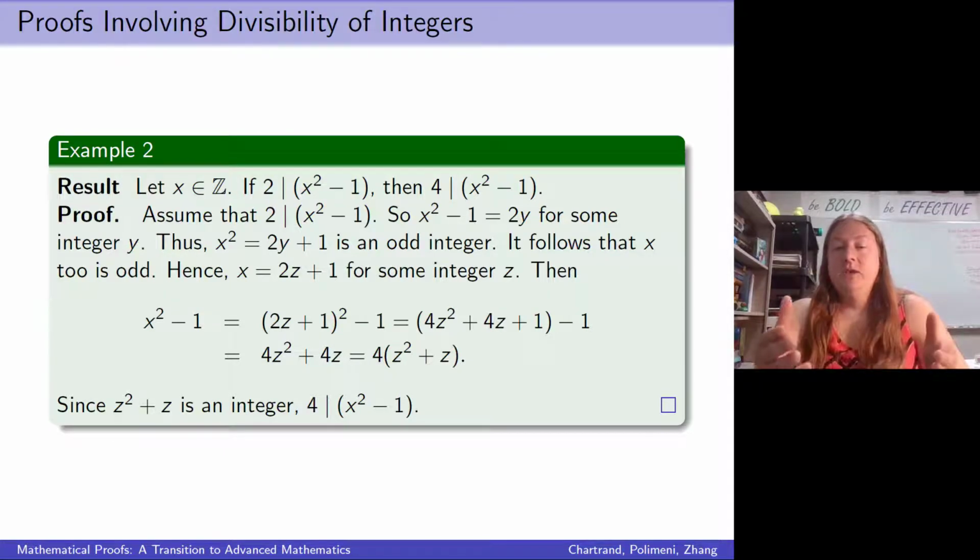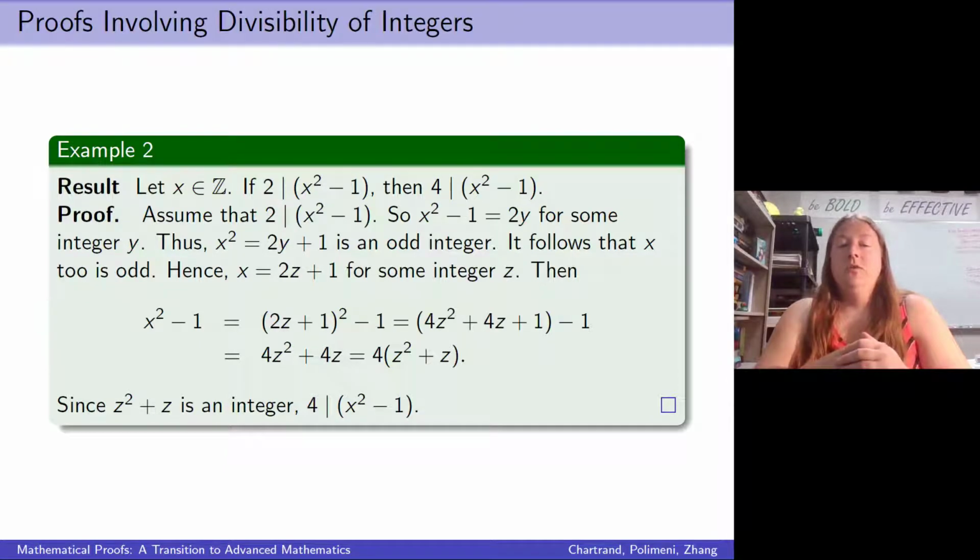So now I have this equation, x squared minus 1 equals 2y, that I can work with and move stuff around with. So if I add 1 to both sides, I find that x squared equals 2y plus 1. Well, 2y plus 1, I recognize that. That's an odd integer. So x squared is an odd integer.